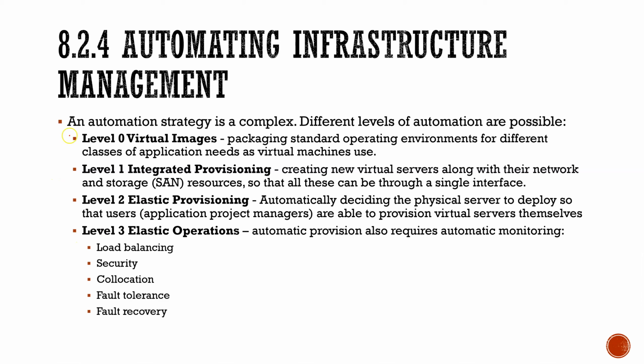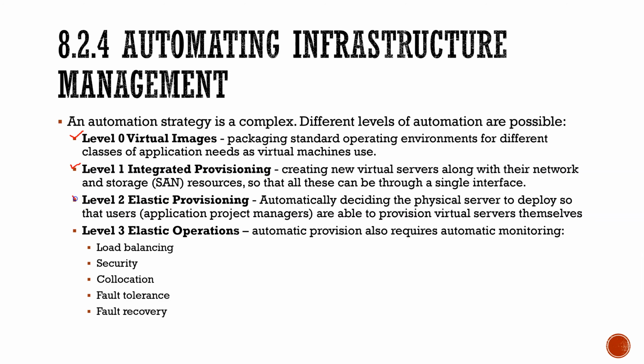Very common, level 0, virtual images. You also have integrated provisioning, which allows you to create new servers, new network resources, storage area networks, and things like that through a single interface. That's level 2. That's more for administrators. Then level 3, elastic provisioning, which is, of course, the automation.